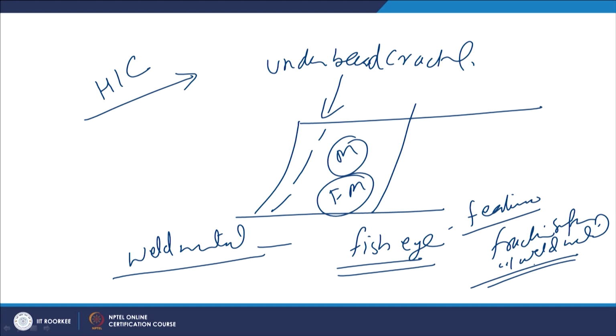So, the hydrogen induced cracking in weld metal is appearing in form of the fish eyes, especially on the fracture surface which is developed after the separation of the component from the weld metal.